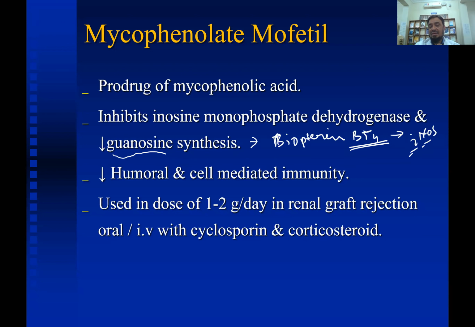So when there is increase in inducible nitric oxide synthase, there is increase in the release of nitric oxide, which is again an inflammatory mediator. Okay, so by inhibiting inosine monophosphate dehydrogenase, mycophenolate mofetil acts as an immunosuppressant.